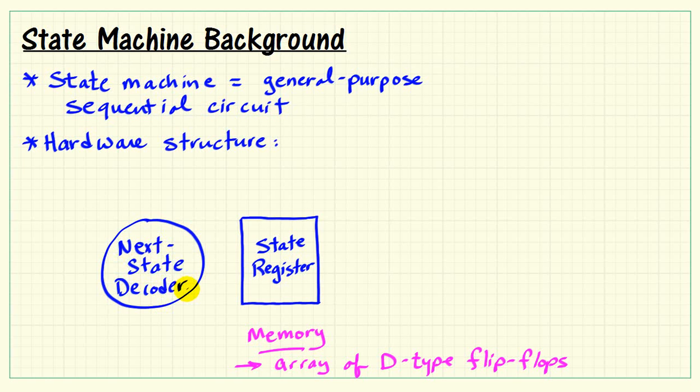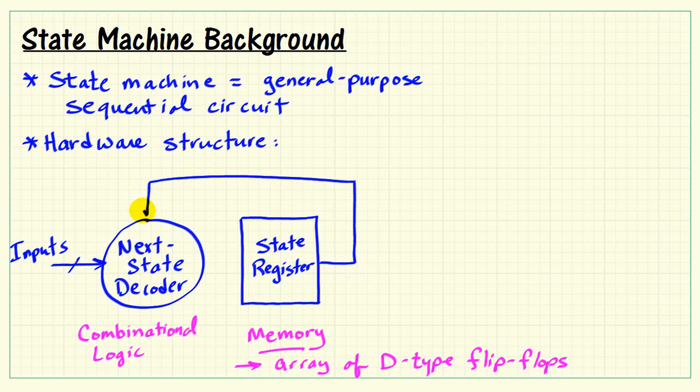The circle denotes some combinational logic that's referred to as the next state decoder, or NSD for short. And this combinational logic examines both the inputs to the state machine, and we can have multiple lines coming in, as well as the present state of the machine. This would be the pattern of ones and zeros in the state register, again a multi-bit value.